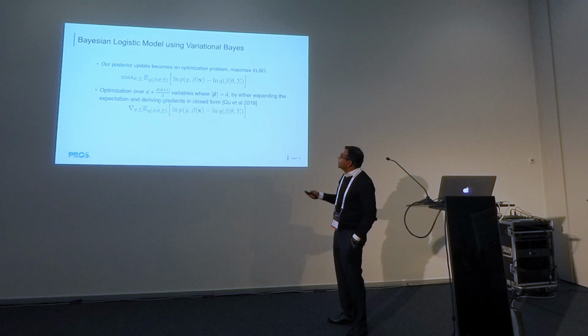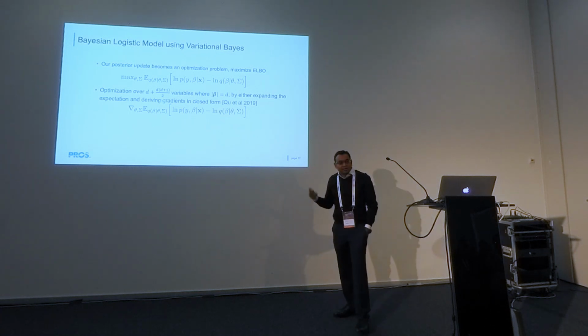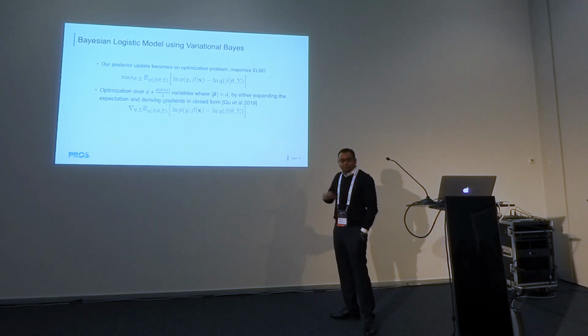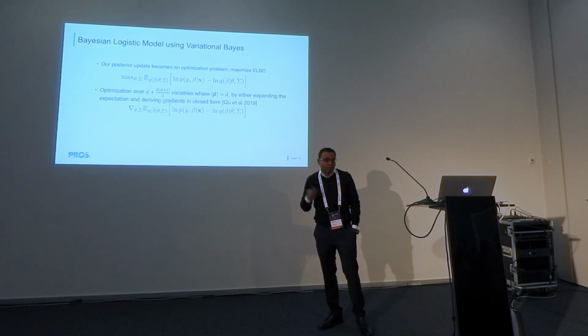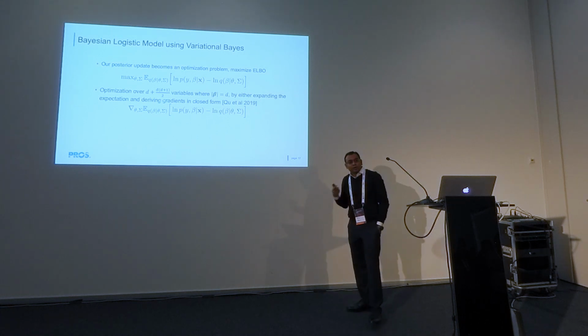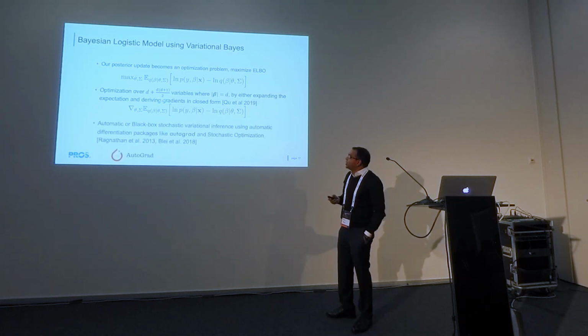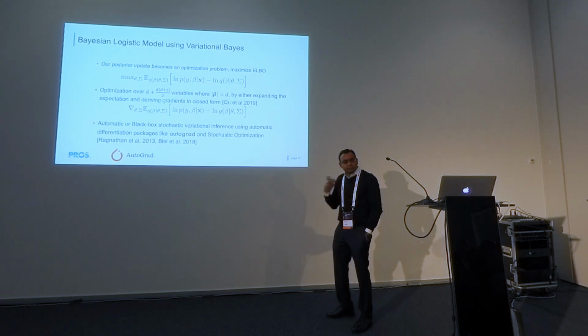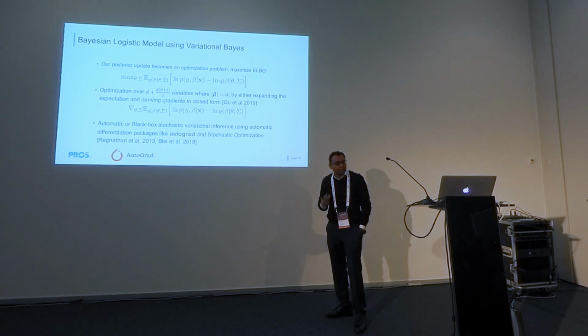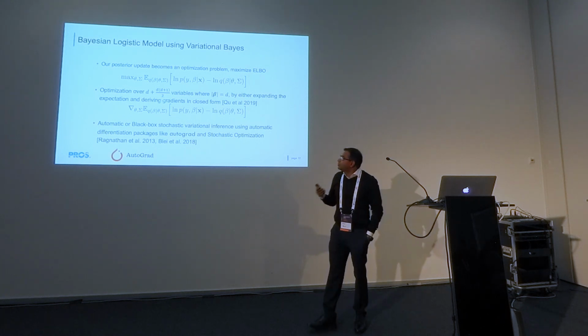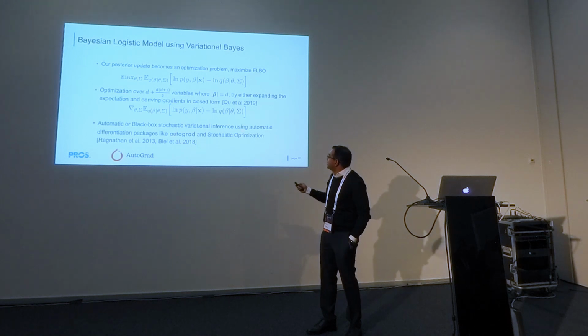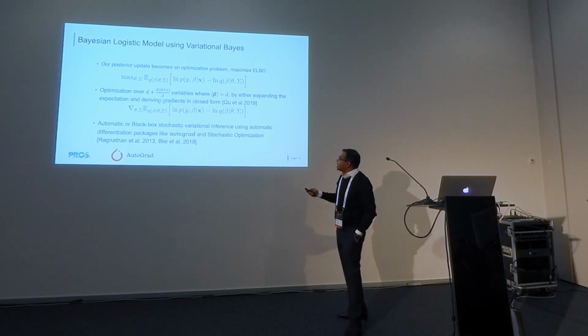You could try writing this out in closed form: expand the expectation, take the gradient, and so on. It would be pages and pages of work. You could publish a paper out of it, but it is still hard. Very recently, in the 2010s, there is an approach called automatic or black box stochastic variational inference. Here you use automatic differentiation packages like AutoGrad, which Python or PyTorch provide, along with stochastic optimization.